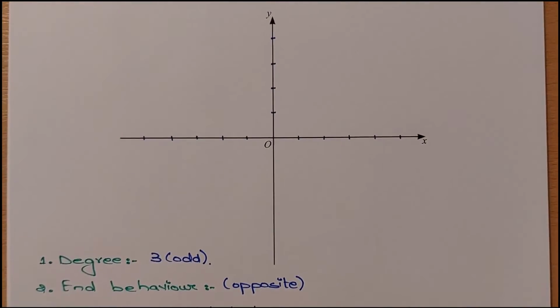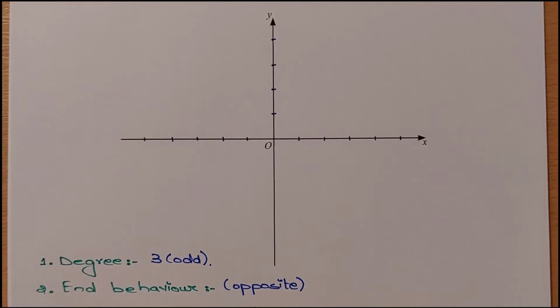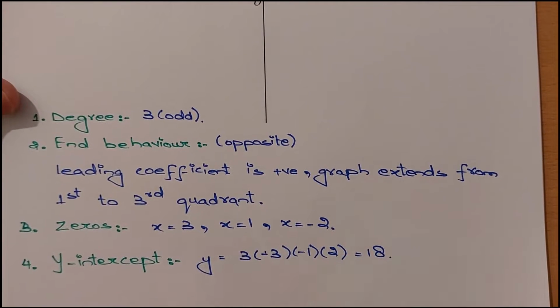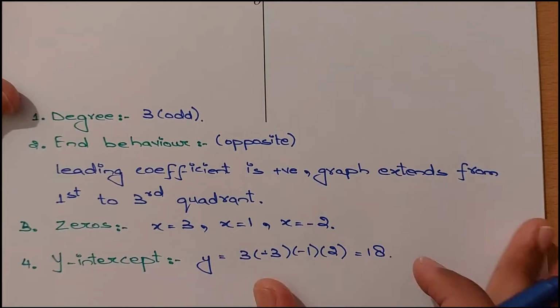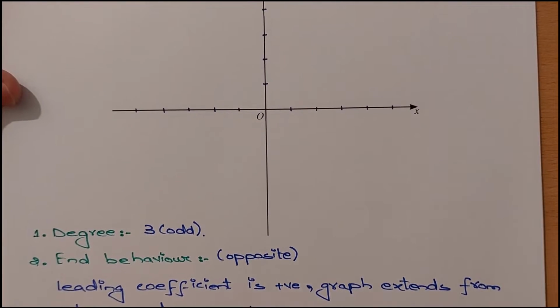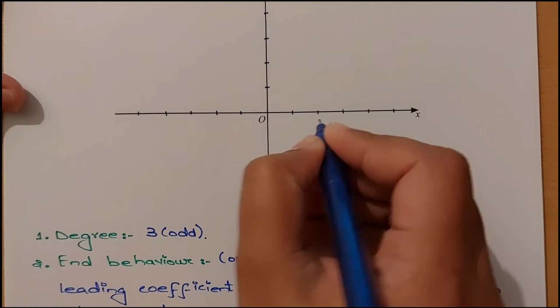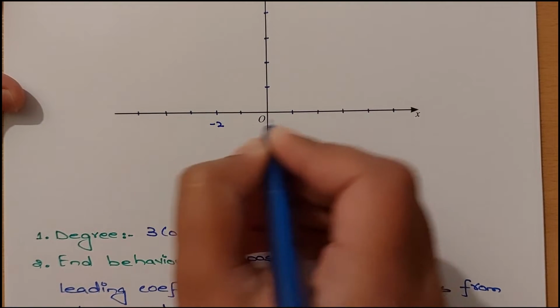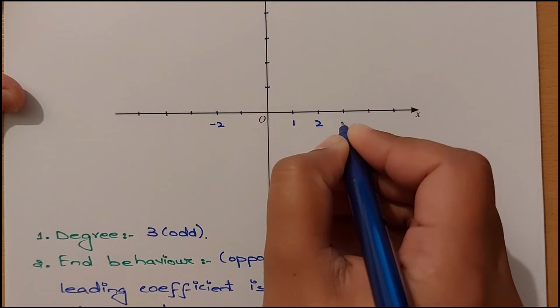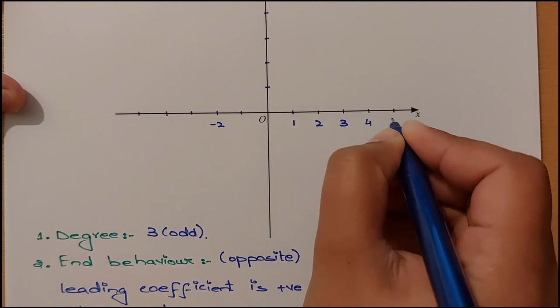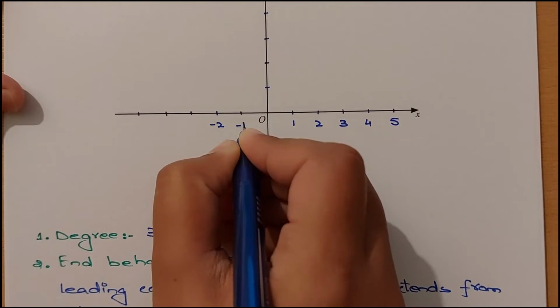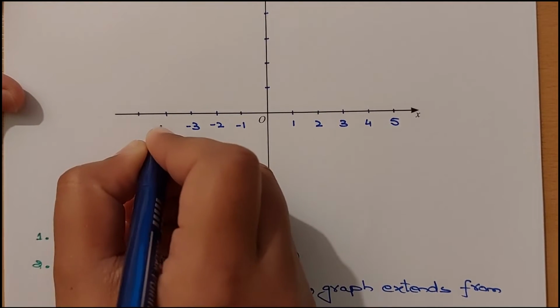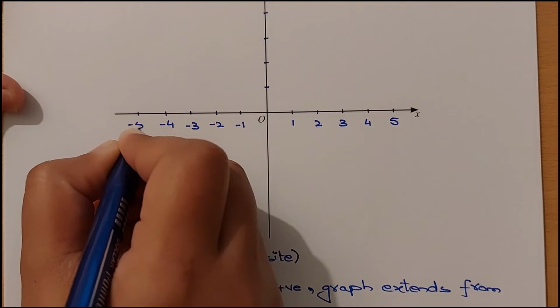Okay, so we have the x-intercepts. As you can see, the zeros are 3, 1, and minus 2. So here we can say that minus 2 is here, 1, 2, 3, 4, 5, minus 1, minus 2, minus 3, minus 4, and minus 5.